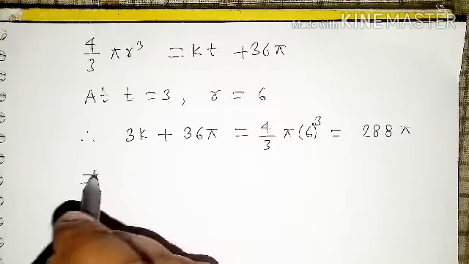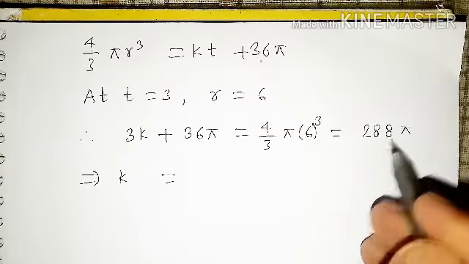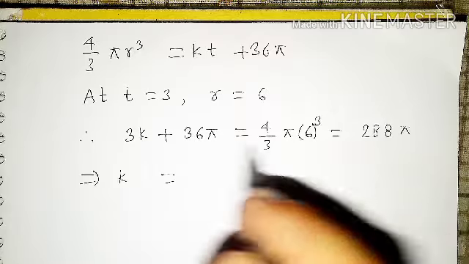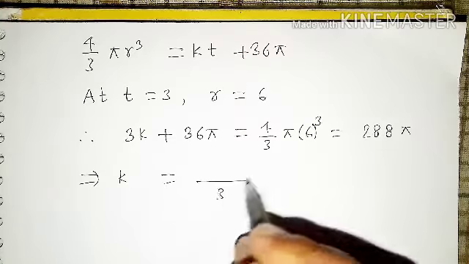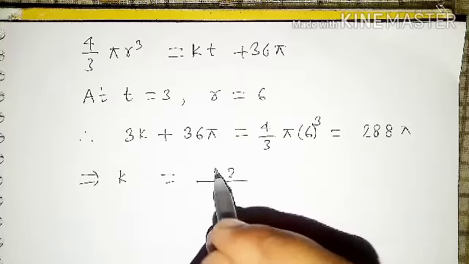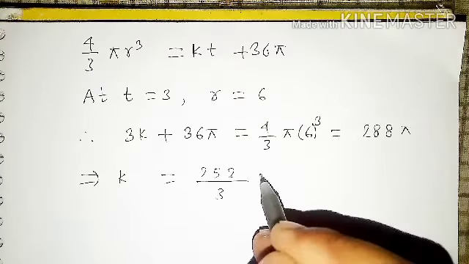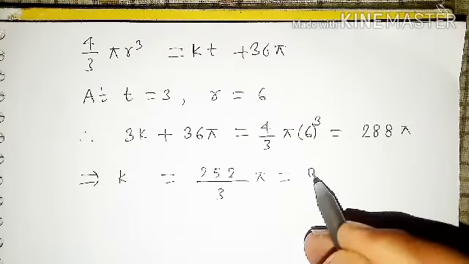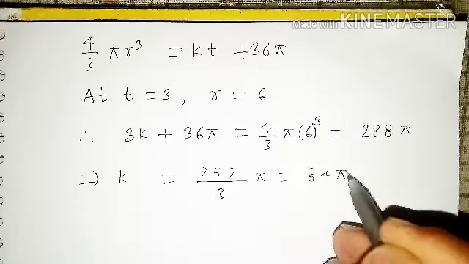So we have 3k equal to 288 pi minus 36 pi, so k is equal to 84 pi.